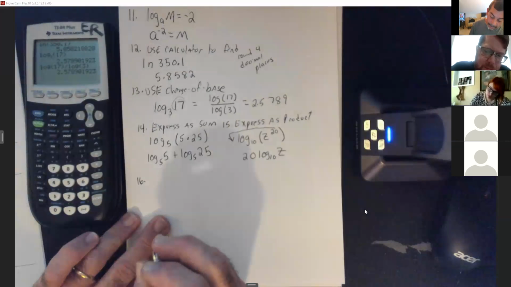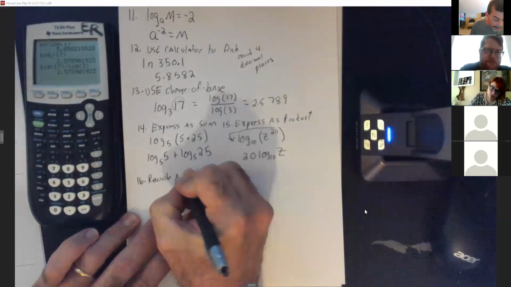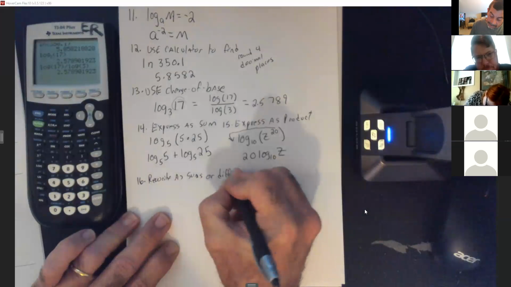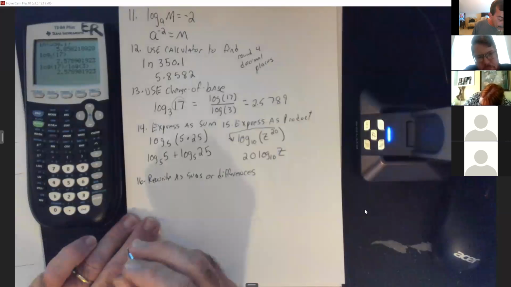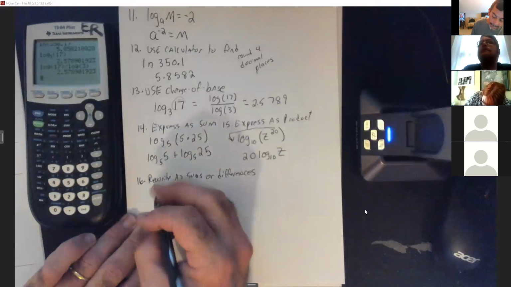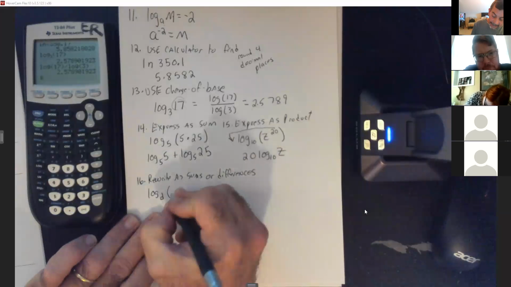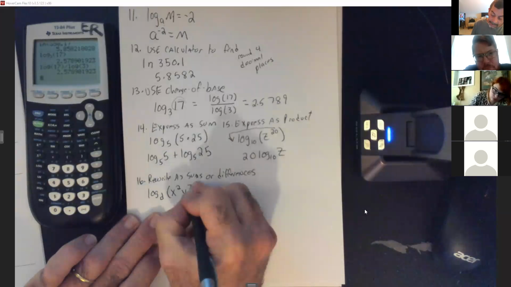Now this one we're going to rewrite as sums or differences. So now we're jacking it up just a little. I got a log base d of x squared y to the 7th z.